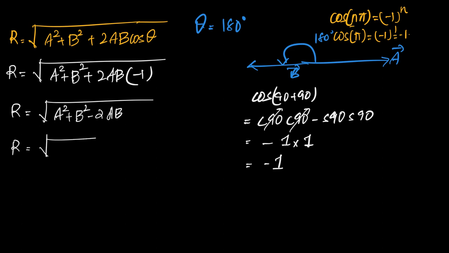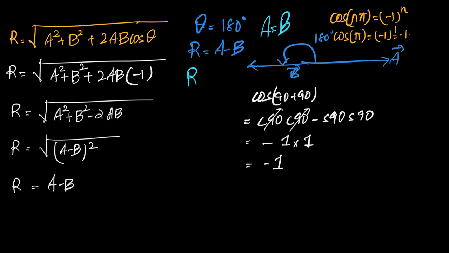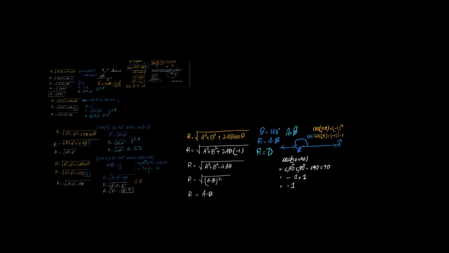Therefore r is equal to root of a minus b the whole square, which implies r is equal to a minus b. So when theta is equal to 180, r is equal to a minus b, and when a is equal to b, r is equal to 0. Okay, so these are the results which will definitely help you in doing problems later.